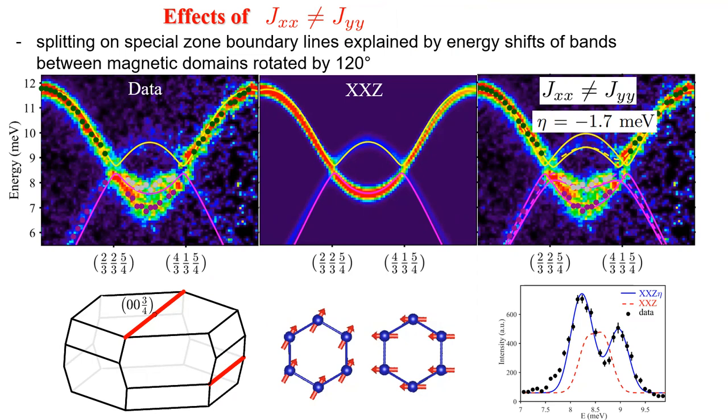However, if we add some exchange anisotropy, then the dispersions of different domains, for example these two up here, which are rotated 120 degrees, actually become different, and this can provide a natural mechanism to explain the splitting here. One can find a quantitative value for what kind of exchange anisotropy would be compatible with the experiment, and the splitting here and the fine structure at the K points can be consistently explained by this magnitude of exchange anisotropy.